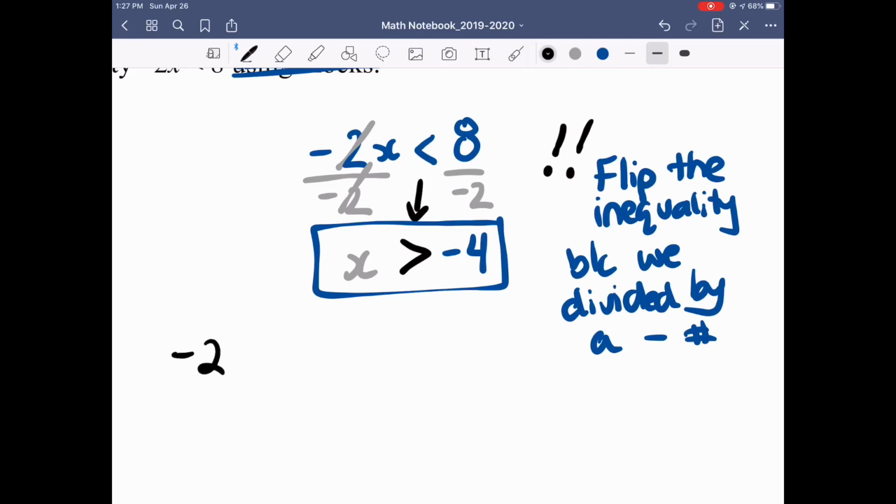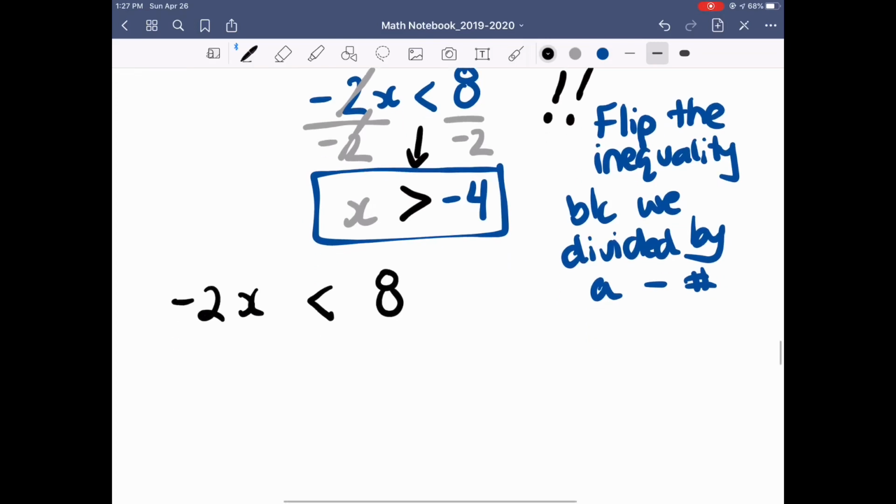So if we have negative 2 times x, in order to make it less than 8, it's saying that x has to be greater than negative 4. Well, if x is 4, let's say, negative 2 times 4 is negative 8, which is less than 8.